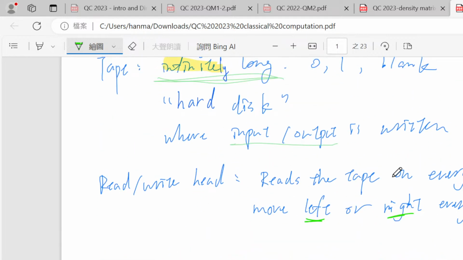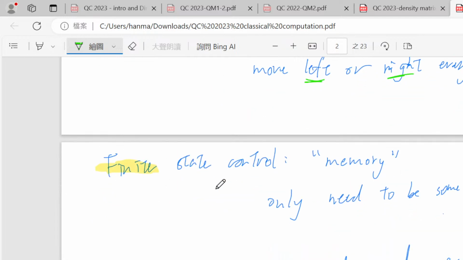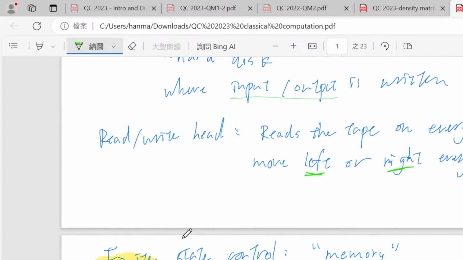Okay. And so this is quite restrictive, but actually the Turing machine is still very powerful. And as you say, there is a finite state control. So finite means doesn't depend on input-output size. But if you have a more complicated program, you might need more state control here.